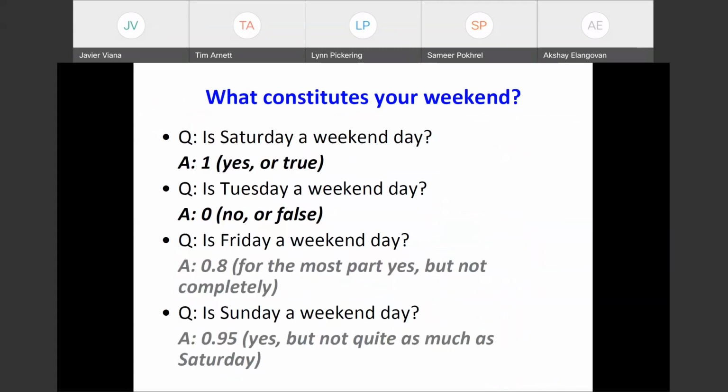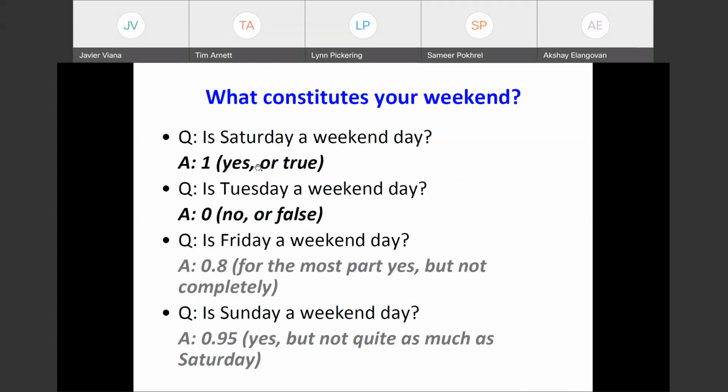So to get more into what fuzzy logic actually is, we're going to start talking about your work week and the weekend. If you're trying to categorize the days of the week as being part of a weekend, either yes or no, let's say that you had Saturday.